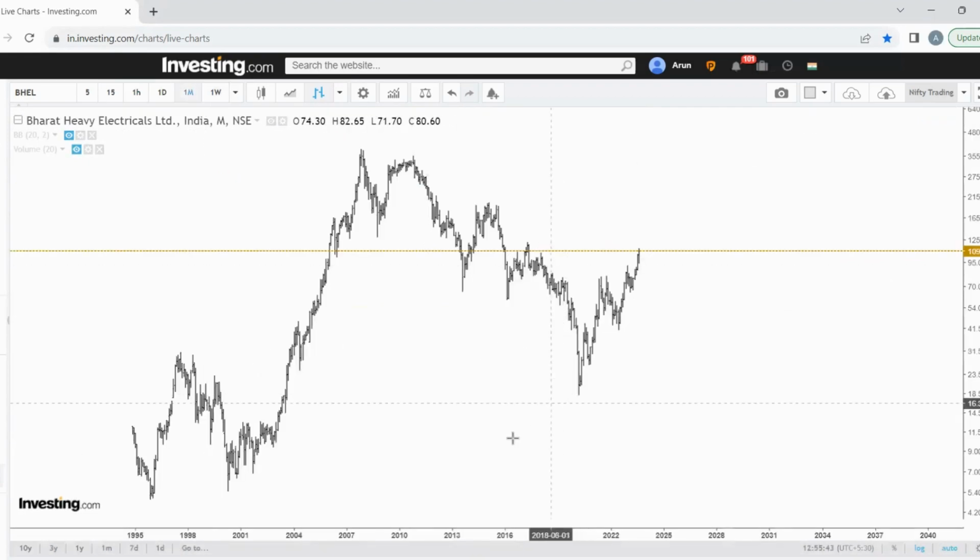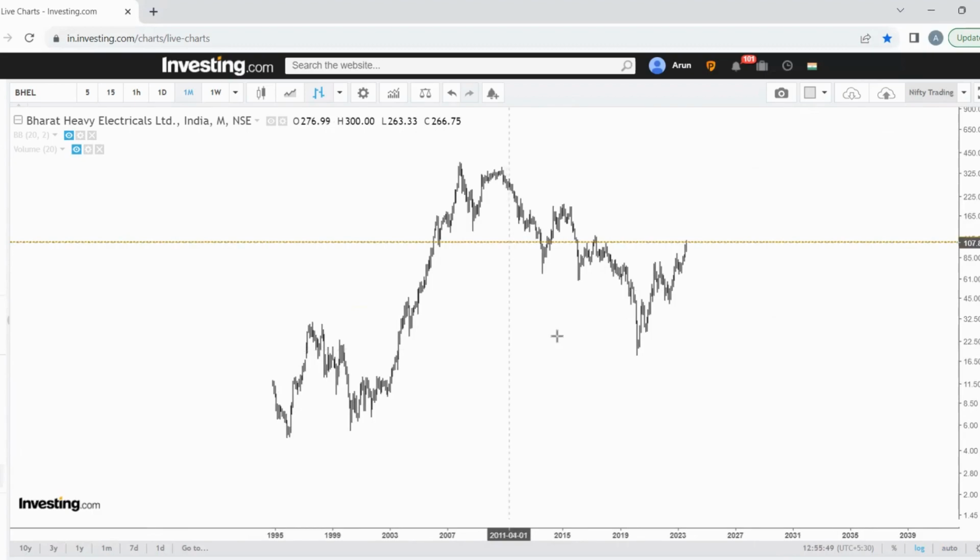So I start with monthly. If you see this, some impulse pattern has been completed here and the price has been declining from 2007. From 2007, the price is still in a downtrend only. So we will count this correction part.